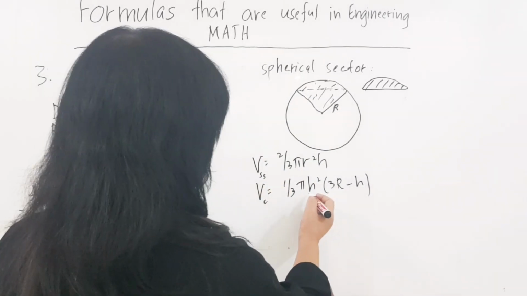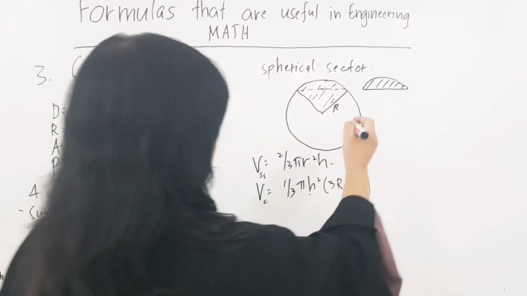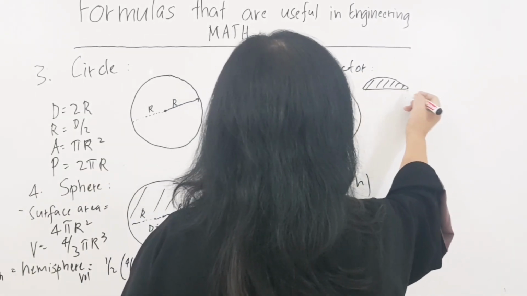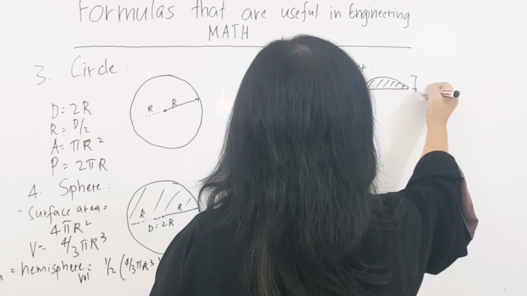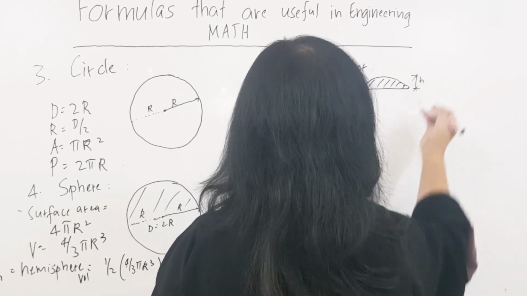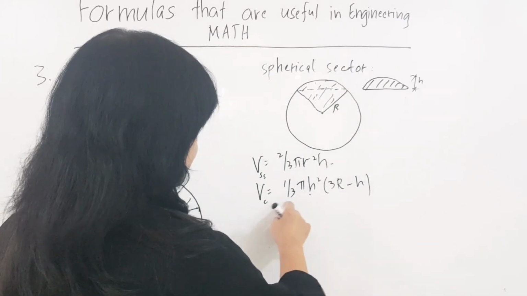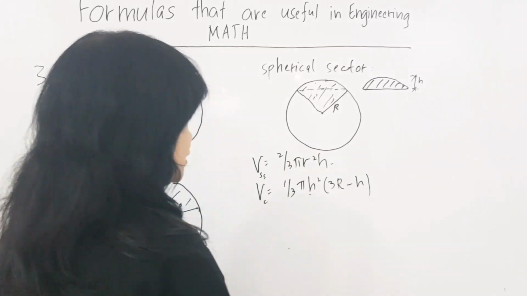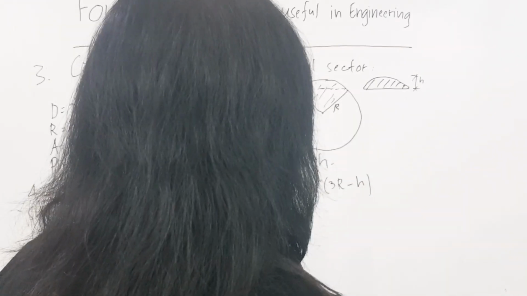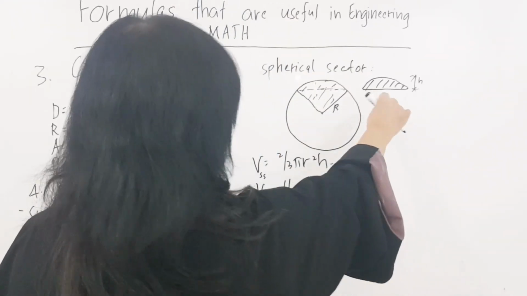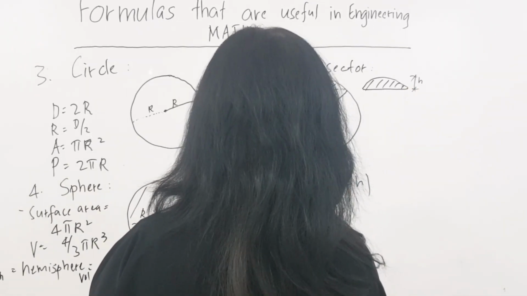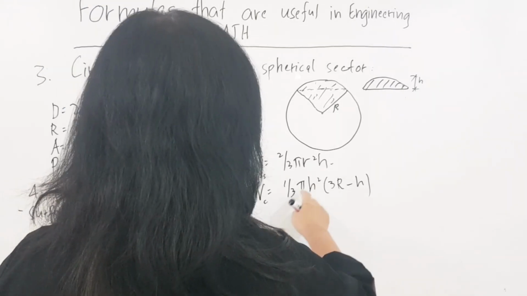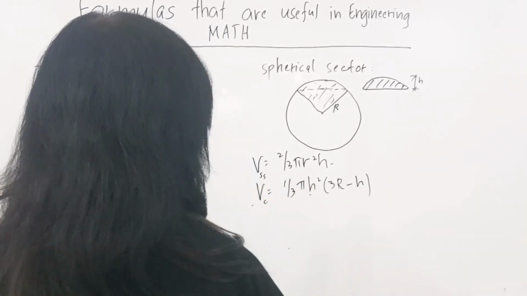By the way, where is this h? This h is from here to here, the height of the spherical cup. R, of course, is the radius of the sphere. So this is the volume of a spherical cup and the volume of a spherical sector.